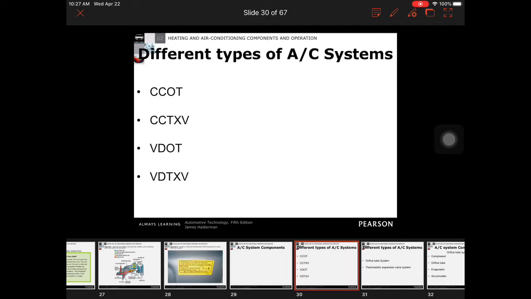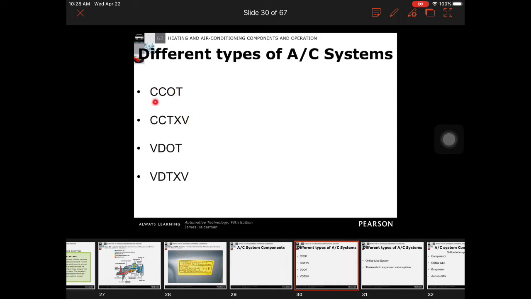It's a really weird list of acronyms. Just so you guys know, if we split this right down the middle, it's pretty simple for us to understand. The numbers on the left are for our style of compressor, and the letters on the right are for the style of system we have for the air conditioning system, okay?